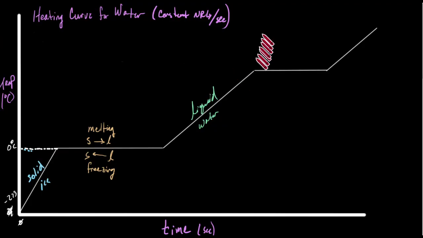Then we get to this phase over here, and we keep adding heat, and our water warms up, and then what does it start to do? It starts to evaporate. Evaporation is the process of our liquid turning into a gas, also known as vaporization. There are a number of terms for it.